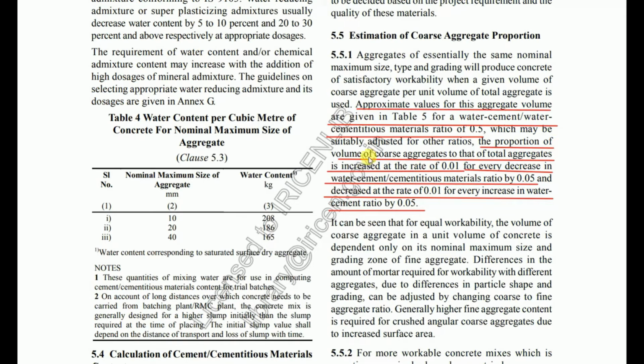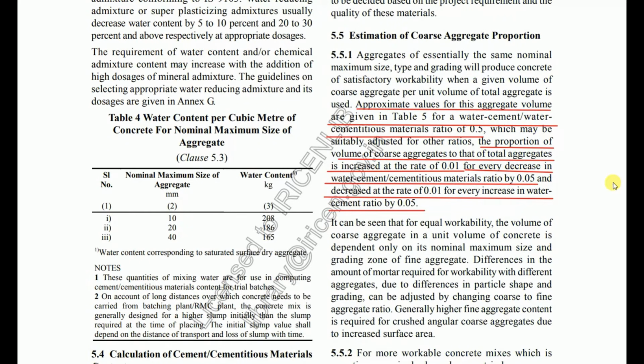The proportion of volume of coarse aggregate to that of total aggregate is increased at the rate of 0.01 for every decrease in water cement ratio by 0.05. For each decrease in water cement ratio by 0.05, we need to increase the volume of coarse aggregate to that of total aggregate at a rate of 0.01.